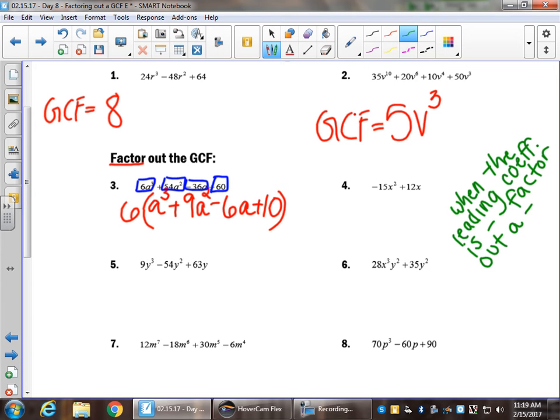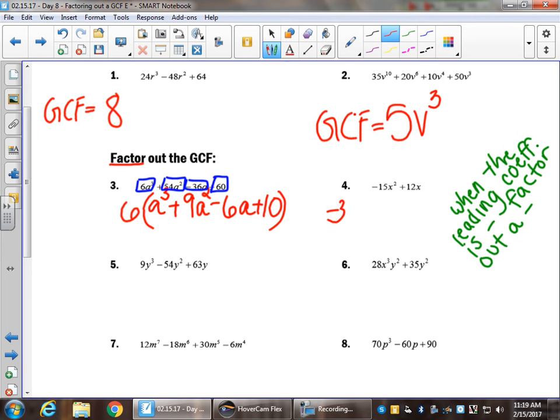So because this leading coefficient is a negative 15, we have to factor out a negative. So our GCF is going to be negative. So now what would it be? Negative 3.